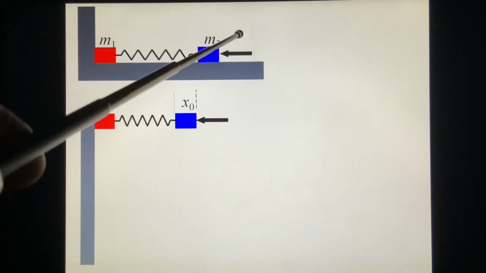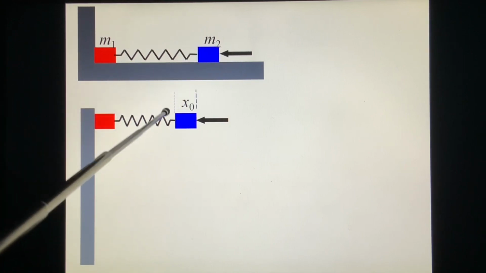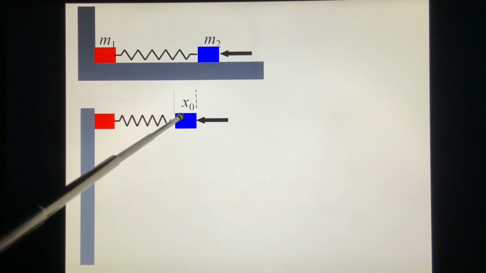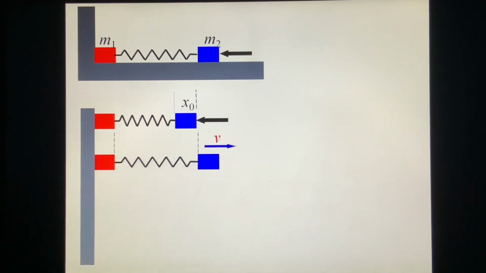Now, we look at this. We push it with a force, so from the original position it now gets here, x0 less than its natural length. And we withdraw this force. What happens first? It rebounds to the original length. In this case, we have a velocity V. According to mechanical energy conservation of the system, we can calculate it.